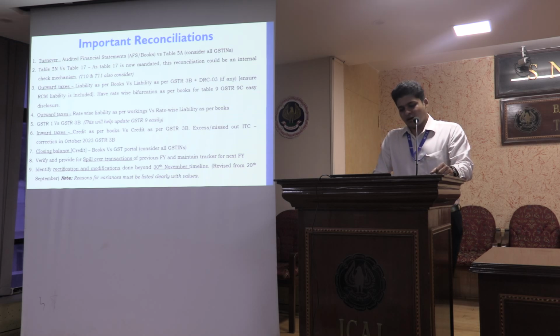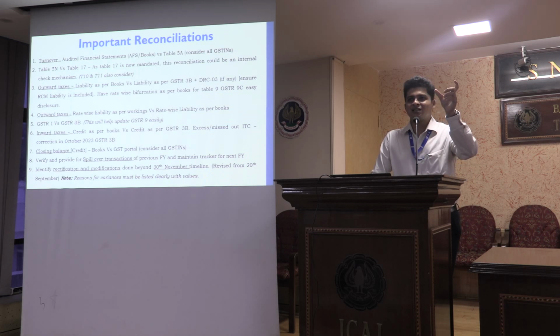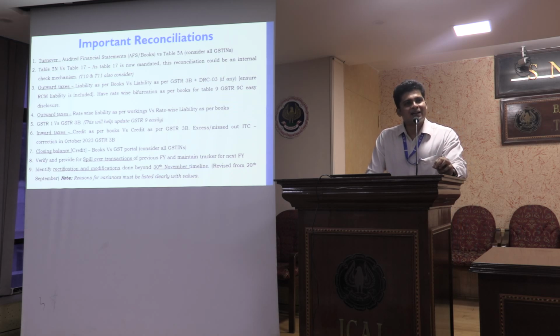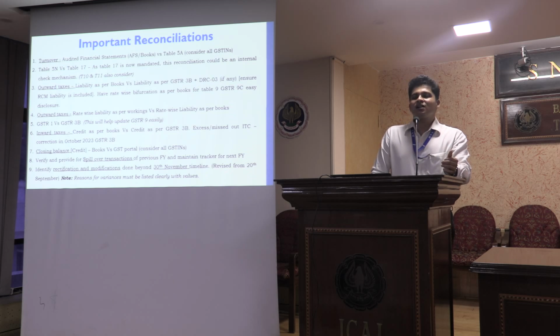Closing balances of the credit. In the books of accounts, closing balance of credit will have a single transaction, whereas GSTN may have multiple. So bifurcating the closing balance and ensuring this tracking is maintained is also very vital. This is a more neglected aspect because in GSTR 9C, the requirement of ITC matching is based on total credit claim.